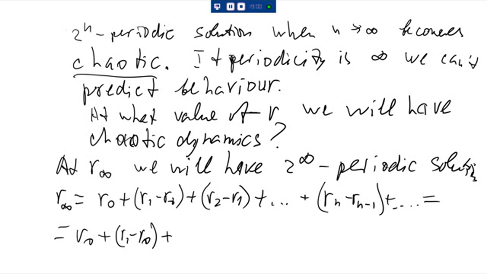So r2 minus r1 can be replaced by r1 minus r naught divided by delta, roughly. We can put it as roughly because it's not exact. And next would be r3 minus r2. This will be r1 minus r naught over delta squared. You remember this is roughly a geometric progression, and so on.